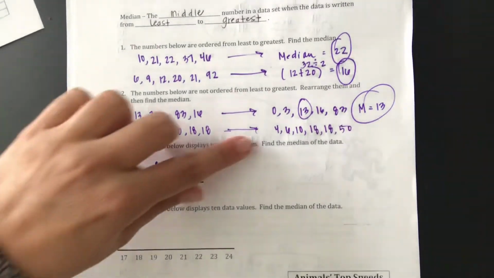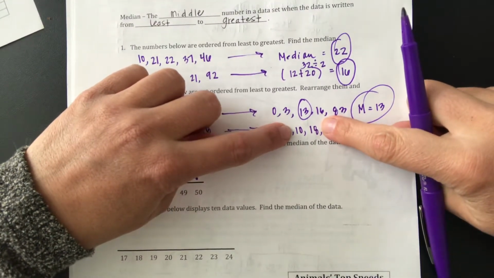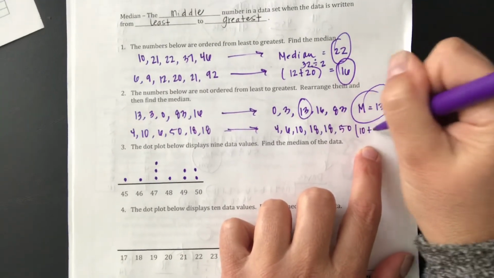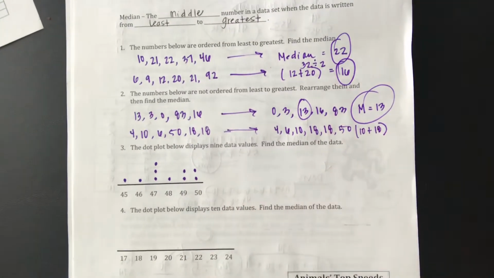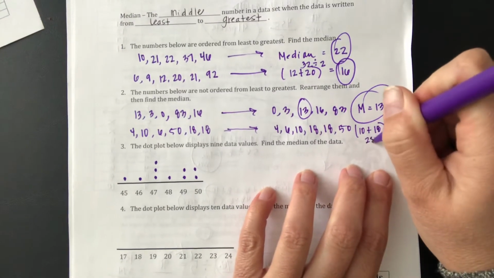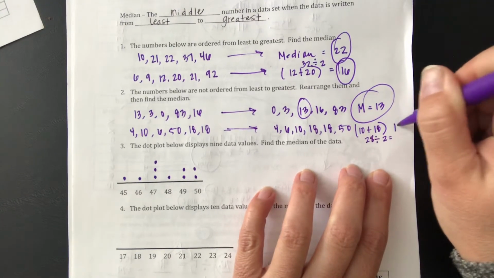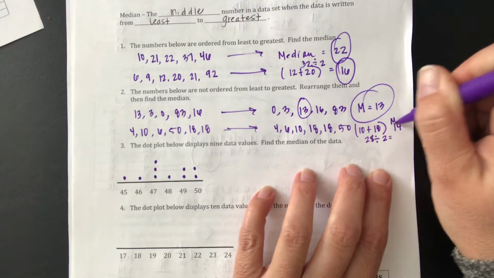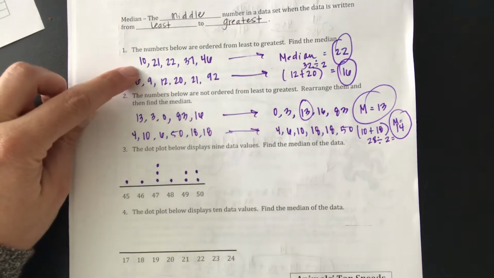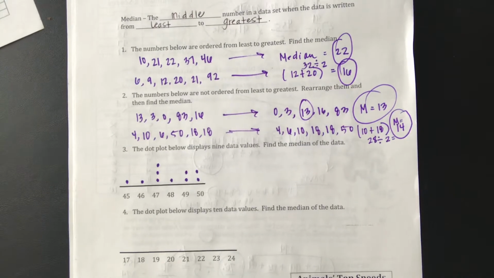I'm going to go in by 2, go in by 2. I'm left with 10 and 18. 10 plus 18 is 28, and 28 divided by 2 equals 14. Half of 28 is 14. So m equals 14. In this set, they were in order, and in this set, we had to rearrange them and put them in order.